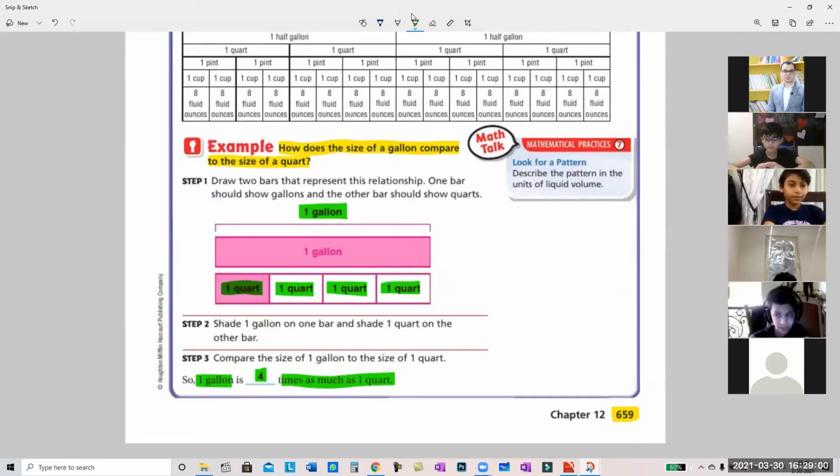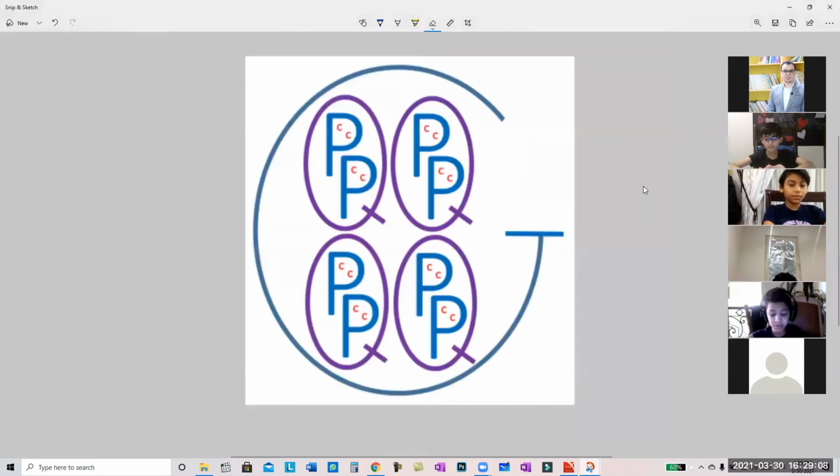Okay. To make myself clearer about this, let me show you this model. As you see here, this model will help us to convert between the units of measuring liquids, or liquid units.